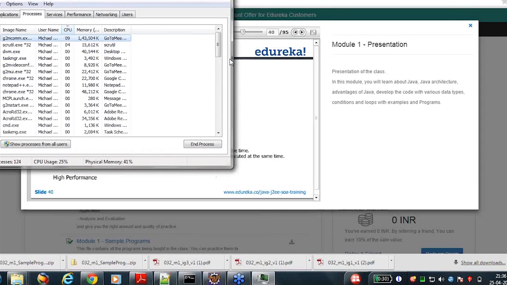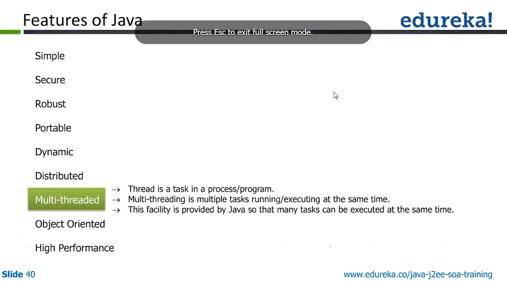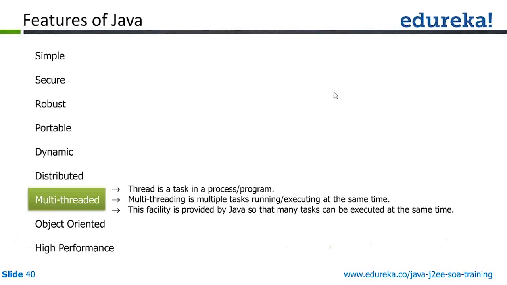We say it's a multi-processing system. You have Acrobat Reader running, you have Chrome running, I have Notepad running, many processes are running, and all of these processes run at the same time. Similarly, Java can have multiple threads, and each thread is, in the context of Java, a process, and each process runs in its own thread.